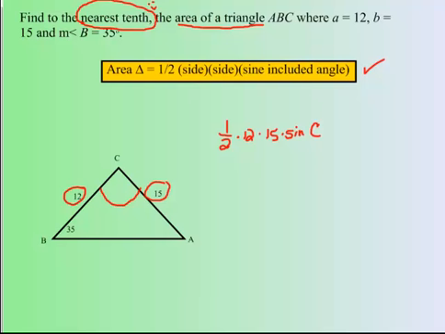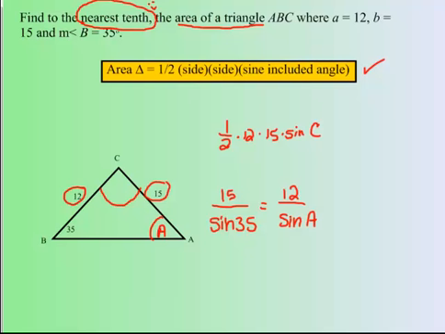This is where law of sines comes in. 15 is to the sine of angle 35 as 12 is to the sine of A. That still doesn't get me the sine of C. I need angle C. Oh, no biggie. If I find out how big A is, then I can just add up to 180 and subtract to find my third angle. Little tricky, Regents, but not that hard.